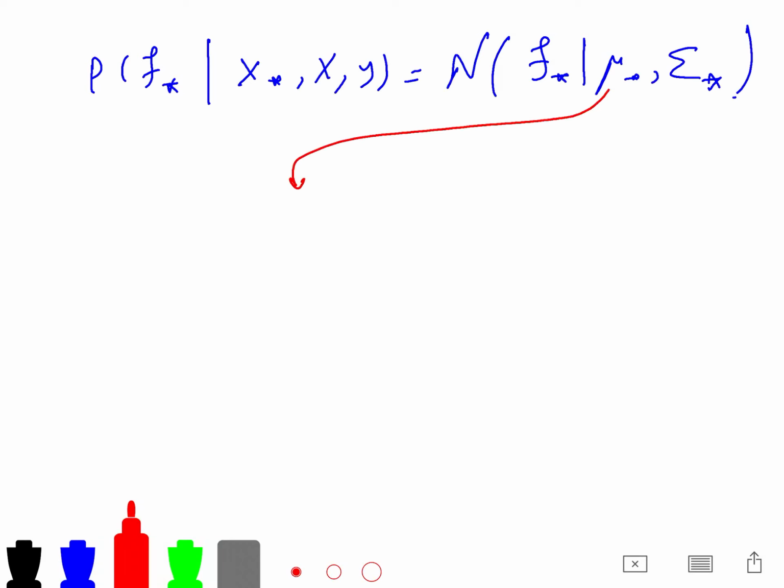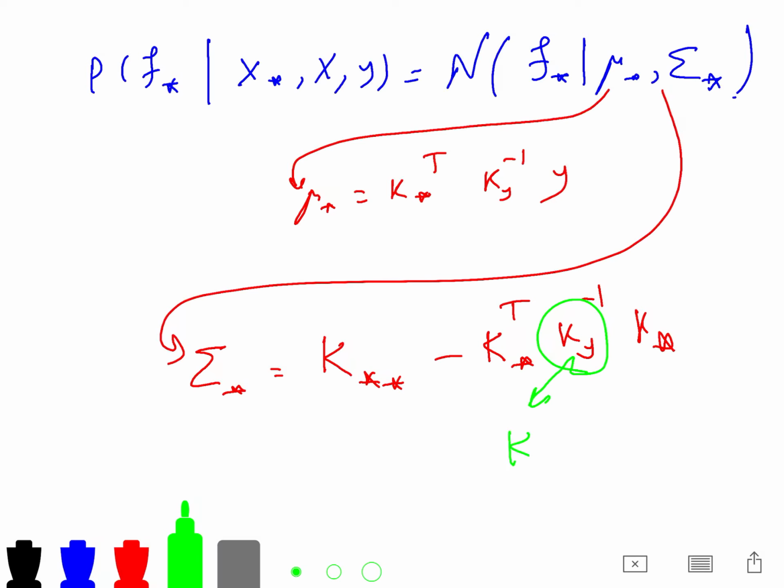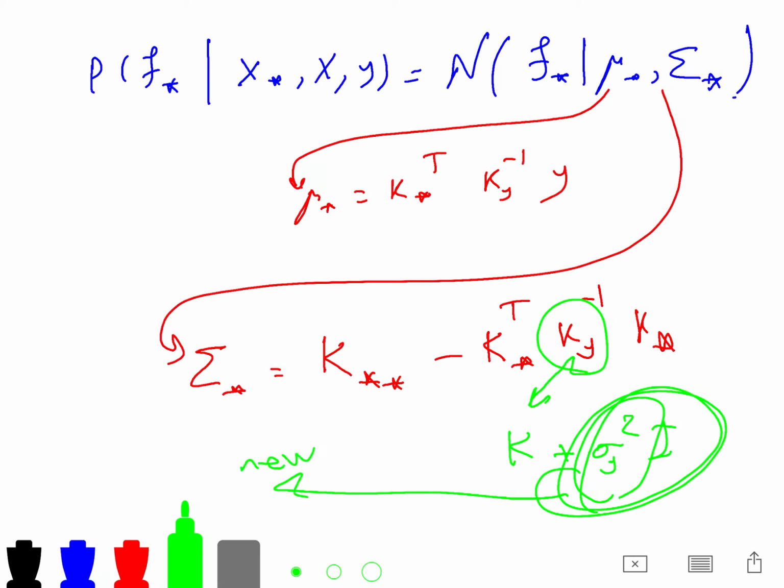And this mu star is just K star transpose K_y inverse y, and this sigma star is the same thing that I used for the noise-free case, but you see an extra term: K star, because K_y, as I said, is just K plus sigma y squared I. So this term is the only new term that we added.